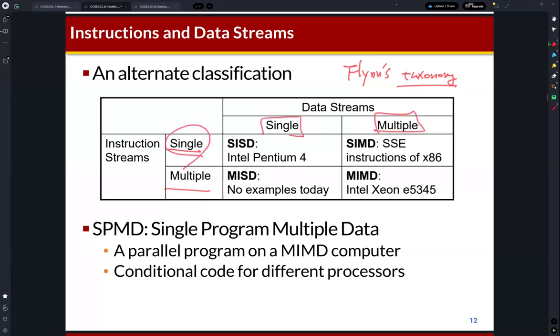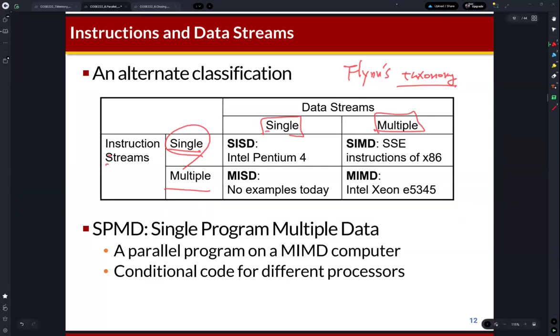By combining these, we can classify processors. For example, single instruction and single data means a single instruction handles scalar data.